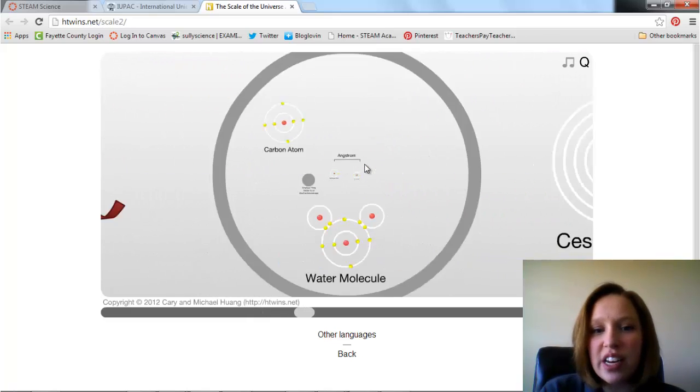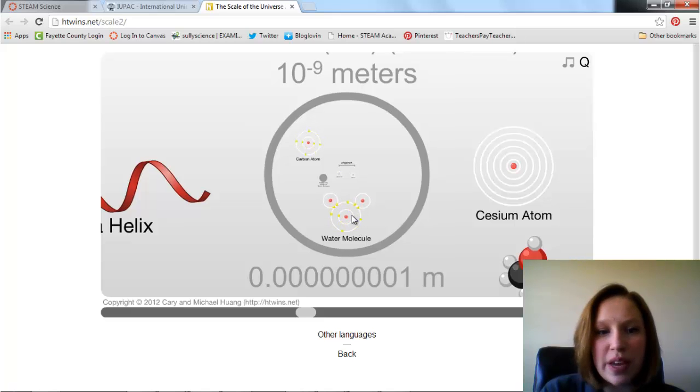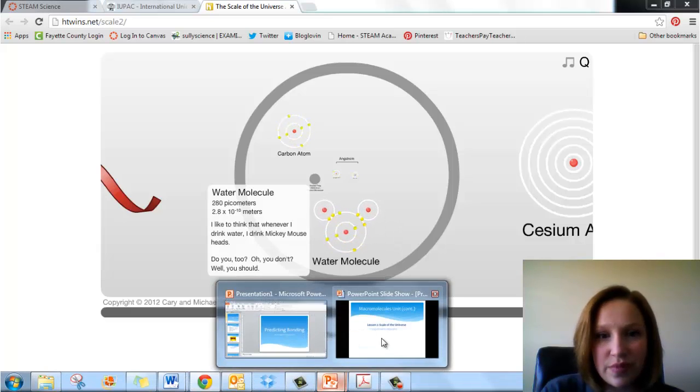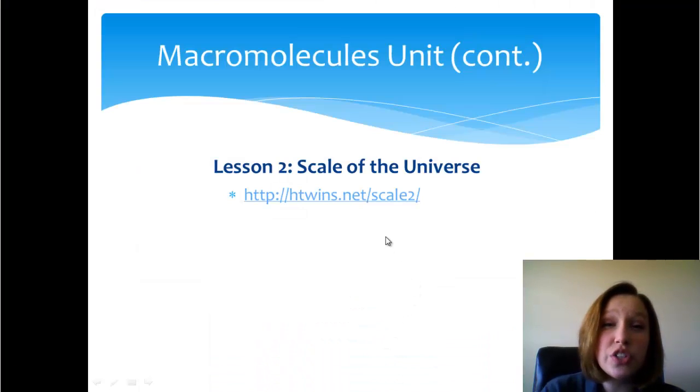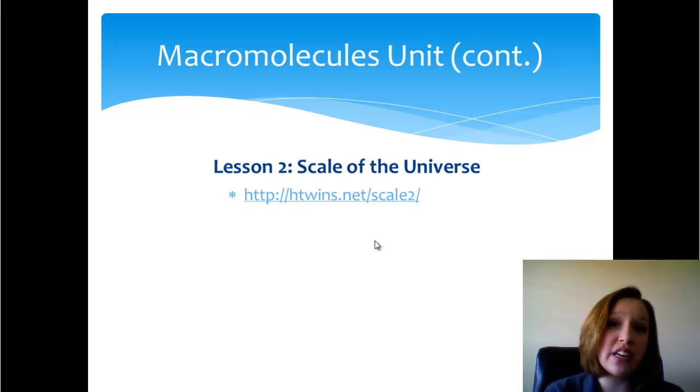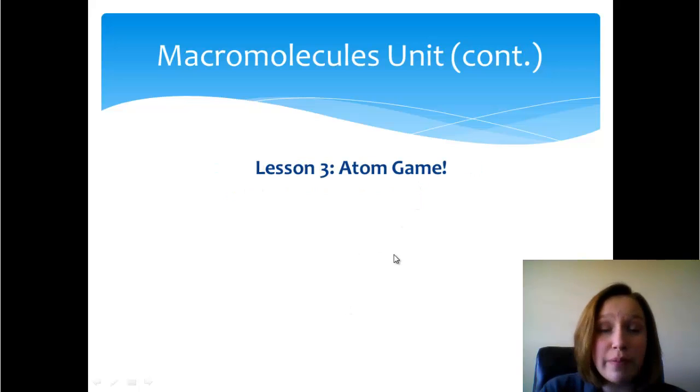But most importantly, we are looking at these molecules that are being made right now. All right, so this was just so you can recall how tiny what we're talking about really is. It's hard for us to visualize these things, so that's why I'm giving you some visual aids like the Play-Doh. And then we went on to do the atom game.